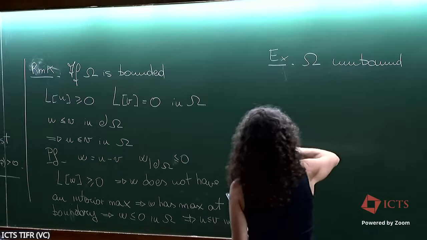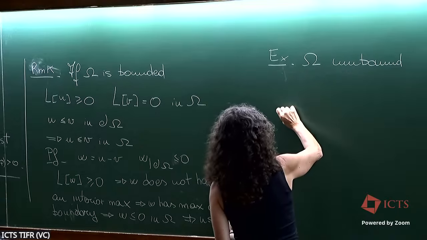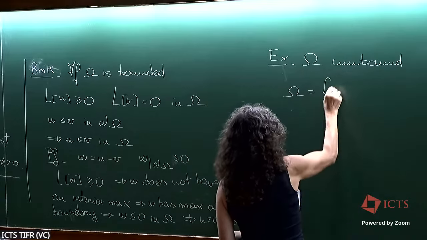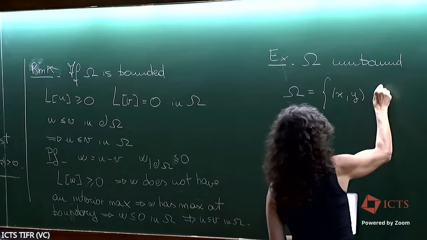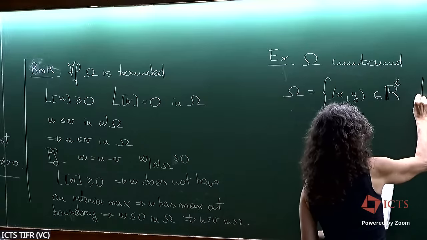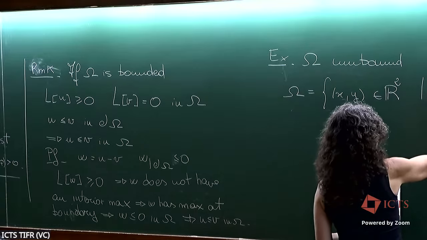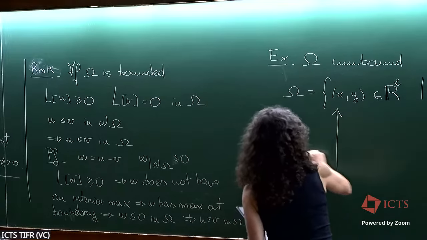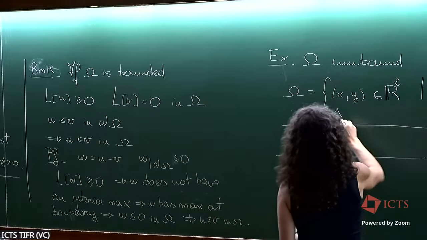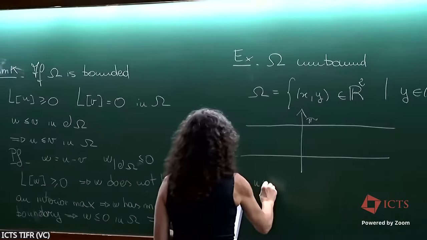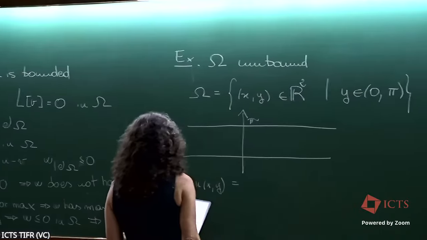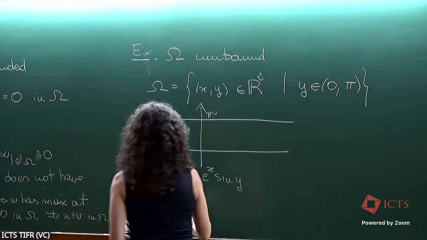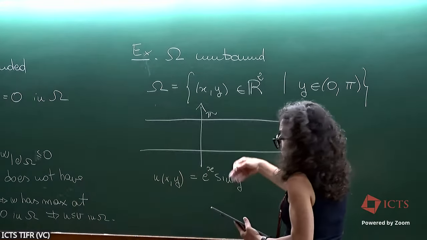For example, you can take as a very simple example omega as a strip, the set of (x, y) in R2 such that y is in (0, pi). Then you take u(x, y) equal to e to the power x times sine y. You can see that this is harmonic.